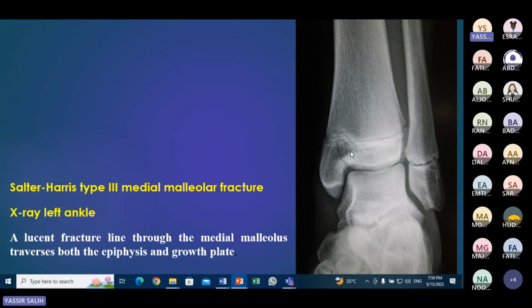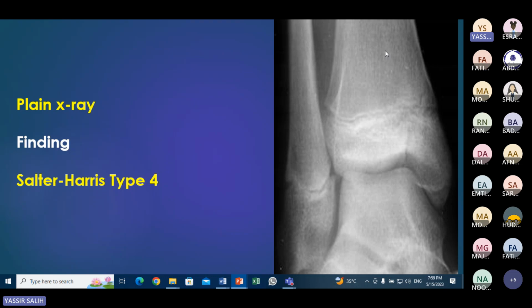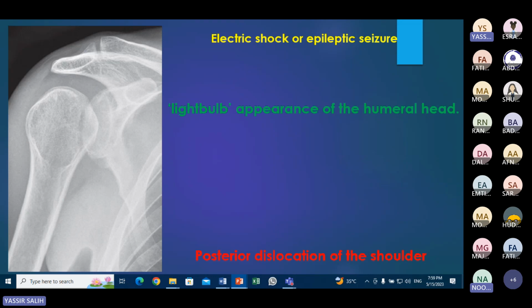Yes, it includes the epiphysis and physeal plate, but the metaphysis is normal. There is no fracture. This type? Type 4, as it involves all: metaphysis, physeal plate, epiphysis.